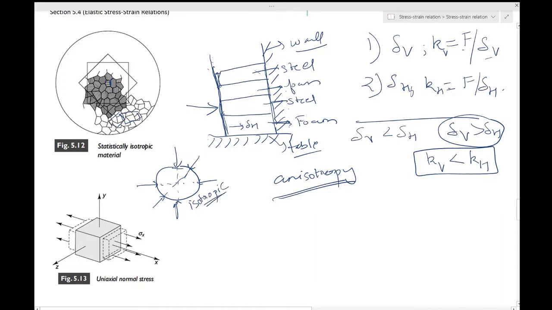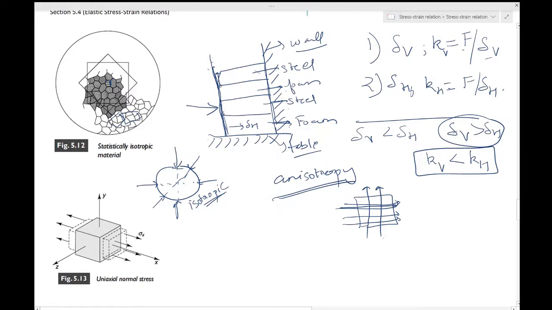Now the words anisotropic and isotropic are not limited to mechanical behavior alone. They can apply to any material or any other property. Look at this material and consider a property like electrical conductivity. It may happen that this material conducts electricity or heat more in this direction, but in this direction it is quite less.